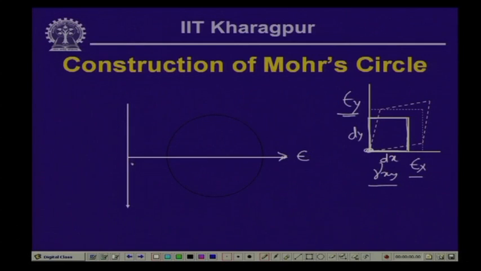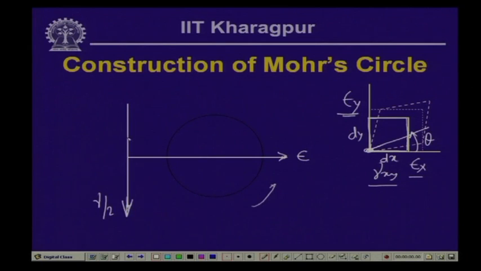The gamma by 2 in the y direction we put in the downward direction as positive. The reason is that if we want to evaluate the strain in a direction oriented at an angle of theta in the anticlockwise direction, we can keep the same anticlockwise orientation of angle in the Mohr's plane, and to make this compatible we consider the direction of gamma in the downward direction.